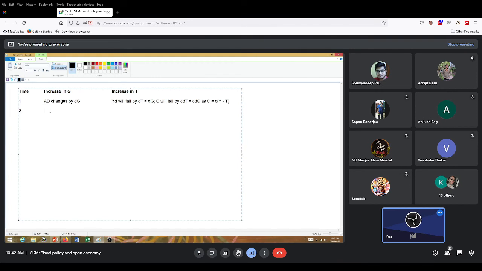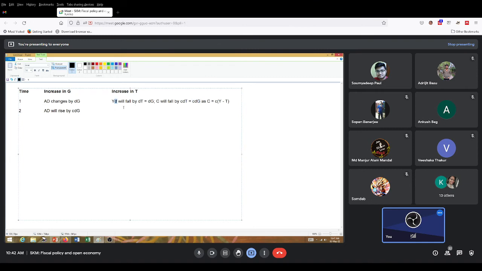How much of this 1000 rupees is he going to spend? 1000 into small c, MPC into 1000. So AD will rise by c into dG.